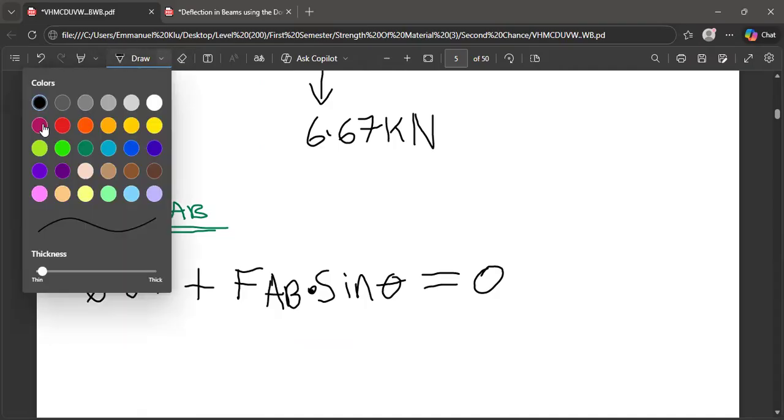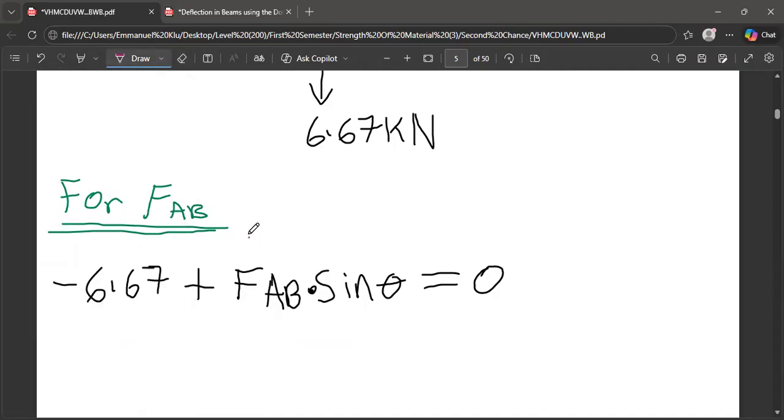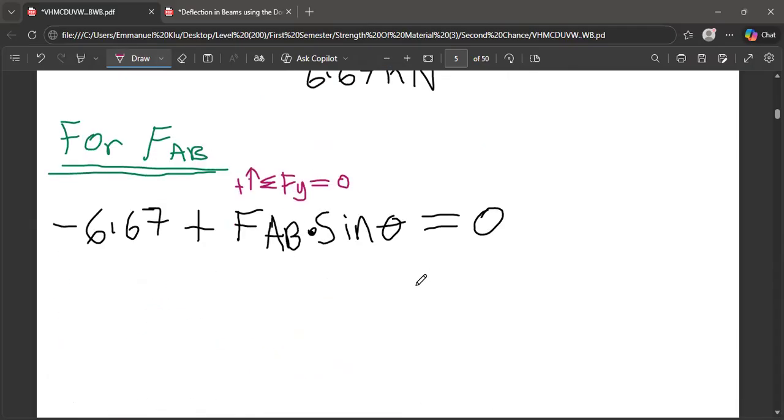Let me just put it somewhere here, and that is: the sum of all forces moving in the y-axis is going to be equal to 0. Okay. So that is what we just did over here.